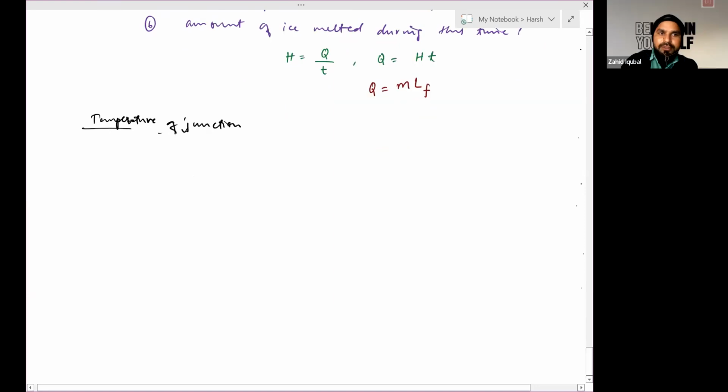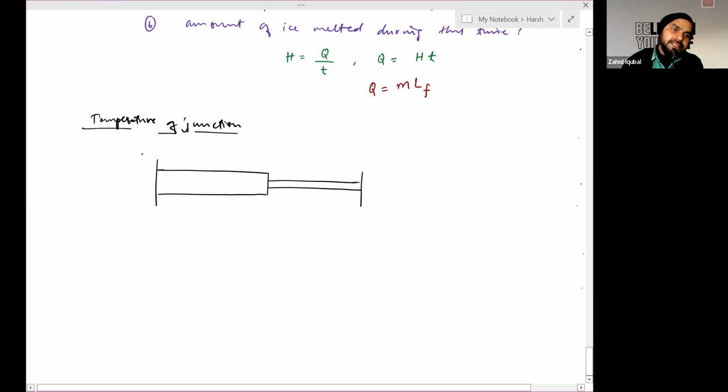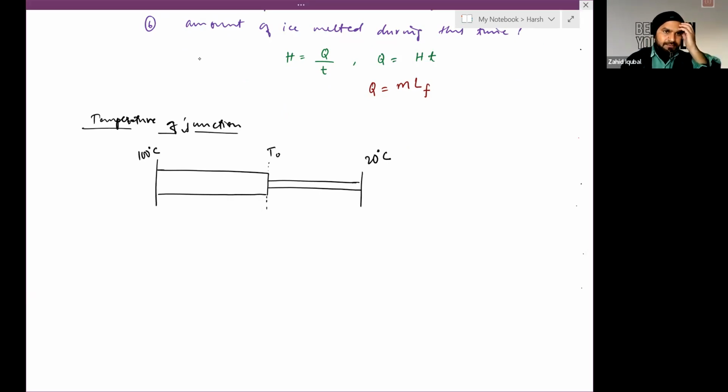Next is temperature of junction. Suppose you have a rod and another rod. Let's say temperature of this end is 100 degrees Celsius and this end is 20 degrees Celsius. We have to calculate this particular temperature of junction. Let me give you some values.